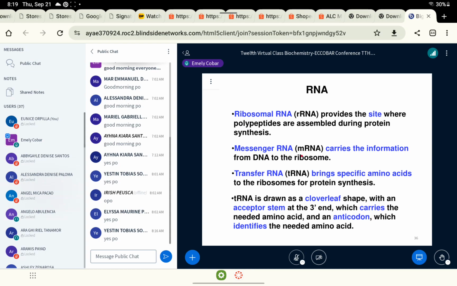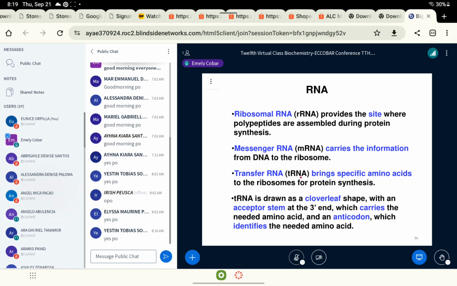When the messenger RNA has been synthesized, it will go out of the nucleus, go to the ribosomes, where you have the ribosomal RNA providing the site for the assembly of protein synthesis.